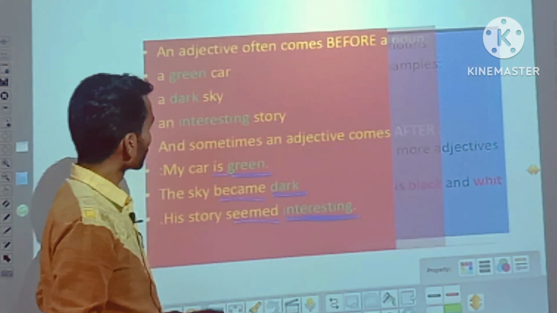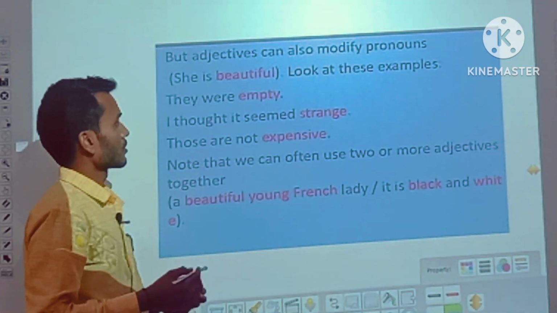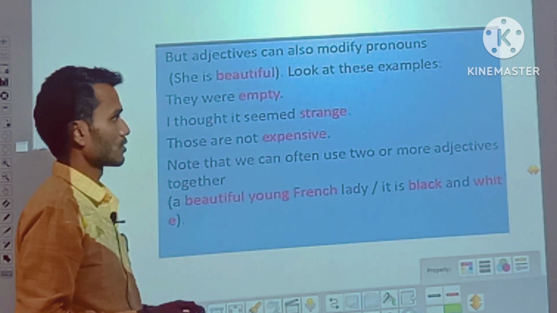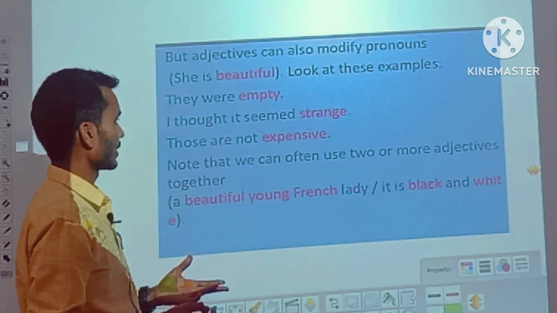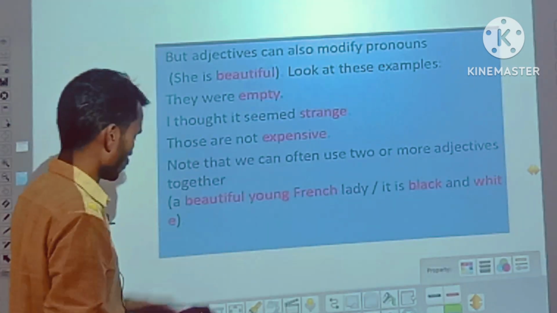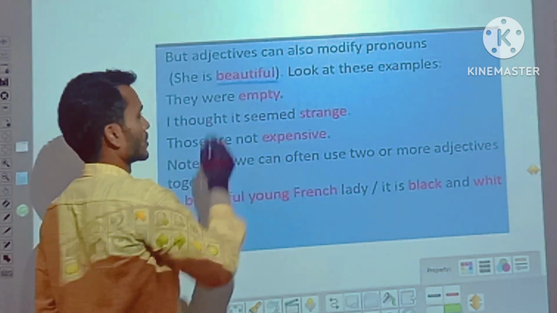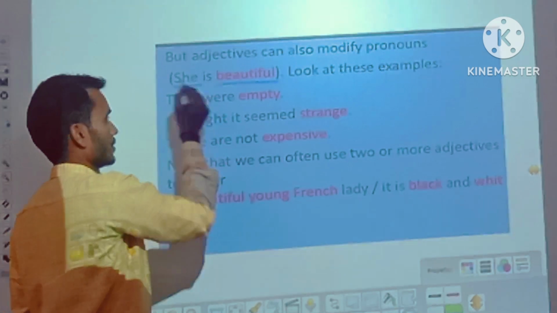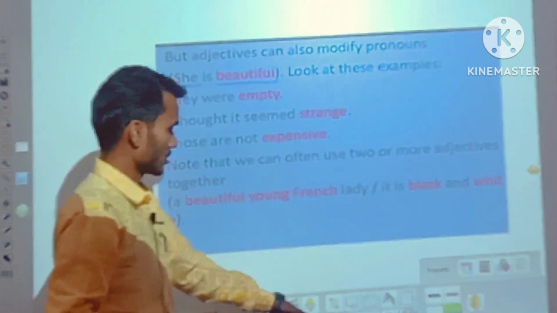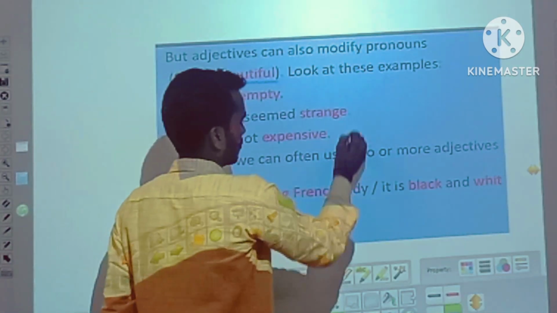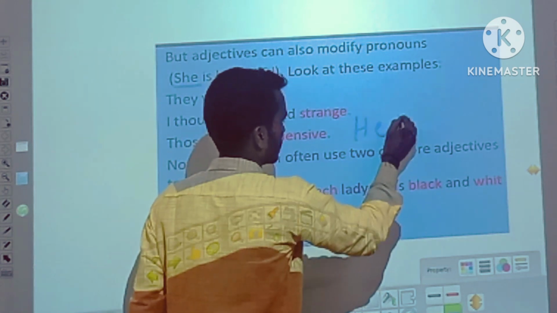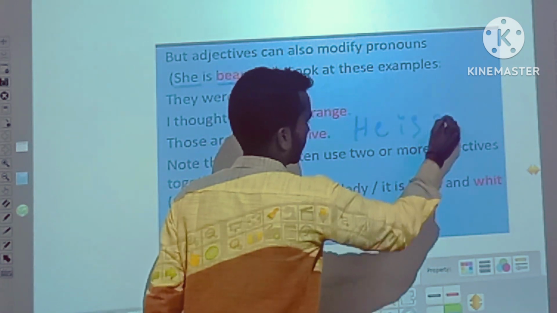Then we also use adjectives which modify a pronoun, as I told you, she is beautiful, right? Here beautiful is an adjective which modifies the pronoun she. For instance, he is a small boy.